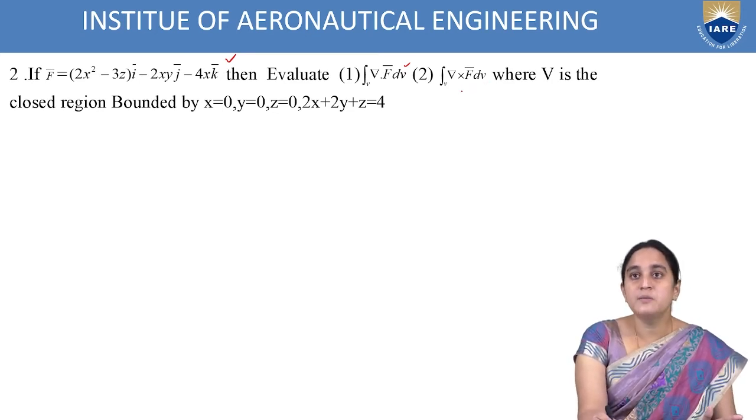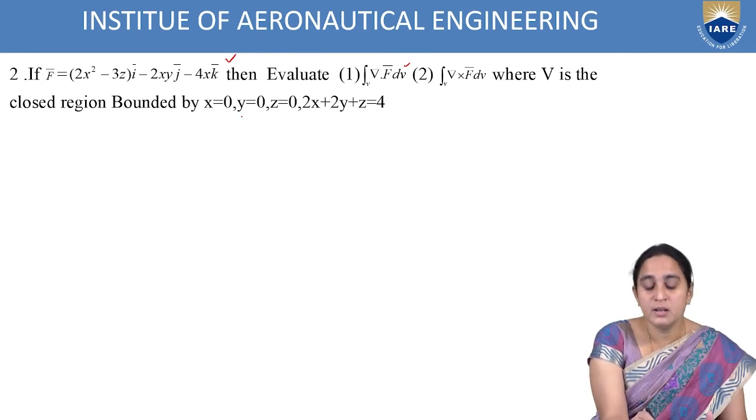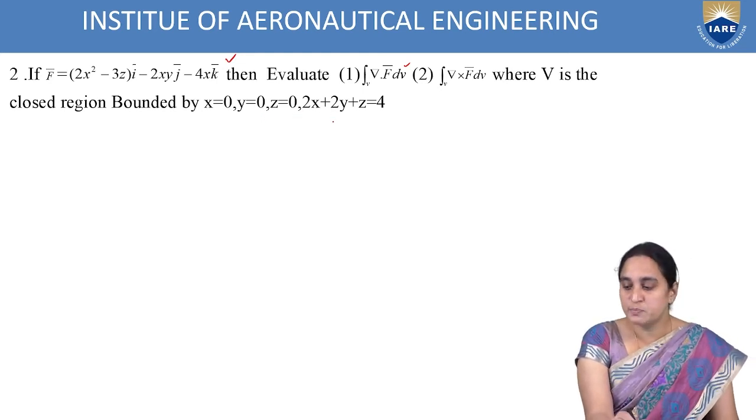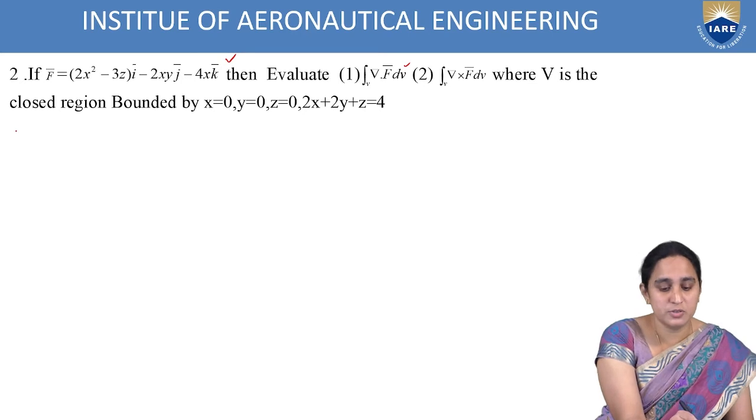But here what are the limit points for dx, dy, dz? If you are integrating with respect to x, y and z, first we take the limit points from the given surfaces. What are those? Here x is equal to 0, y is equal to 0, z is equal to 0 and 2x plus 2y plus z is equal to 4. From that first I'll take the solution for this.